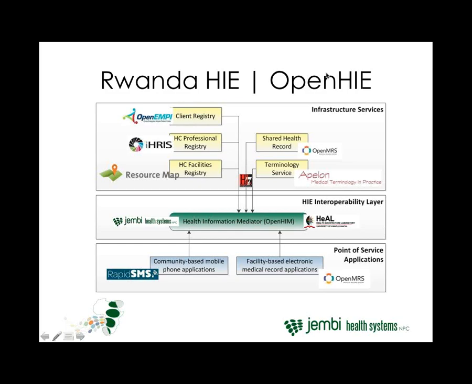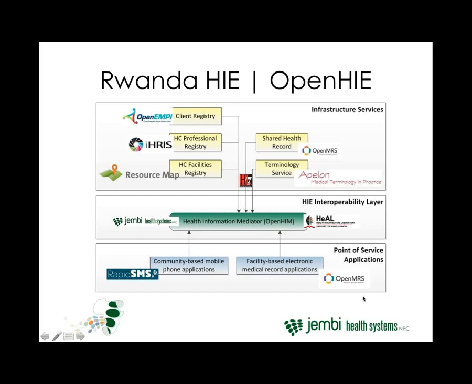It does not stop the point of service applications in the blue boxes at the bottom from collecting all this information, but the shared health record is the central point of only information around HIV at this stage, and the next phase of the project is to add more data points for it to collect.